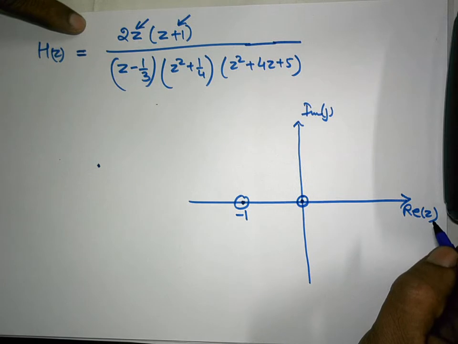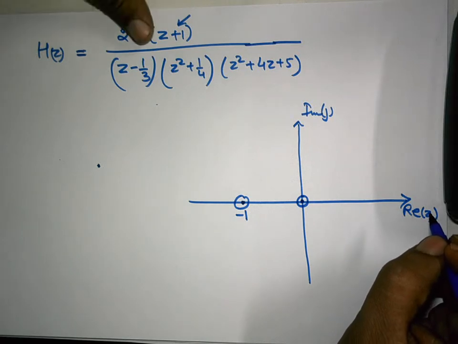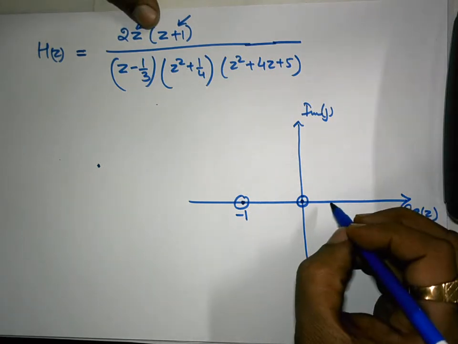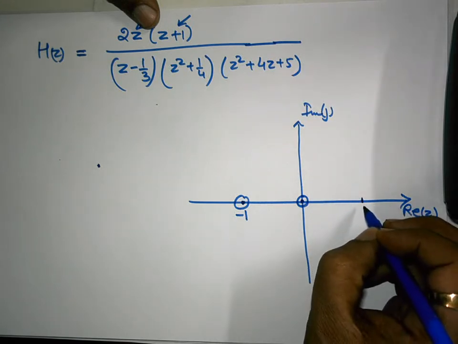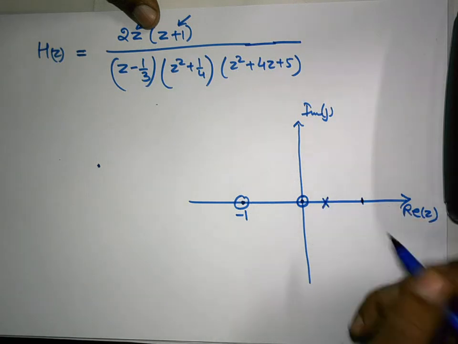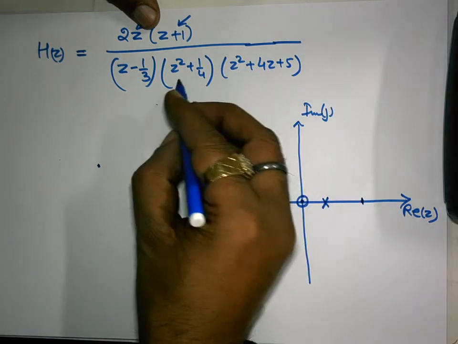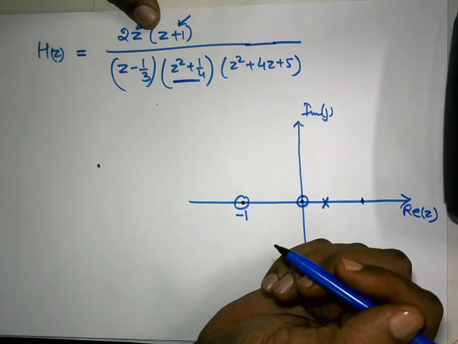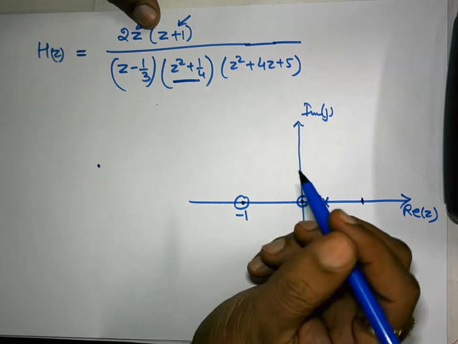What about the poles? One of the poles occurs at Z is equal to 1 by 3. So if this is unit distance, this distance is somewhere at Z is equal to 1 by 3. Now what about the rest of the poles?